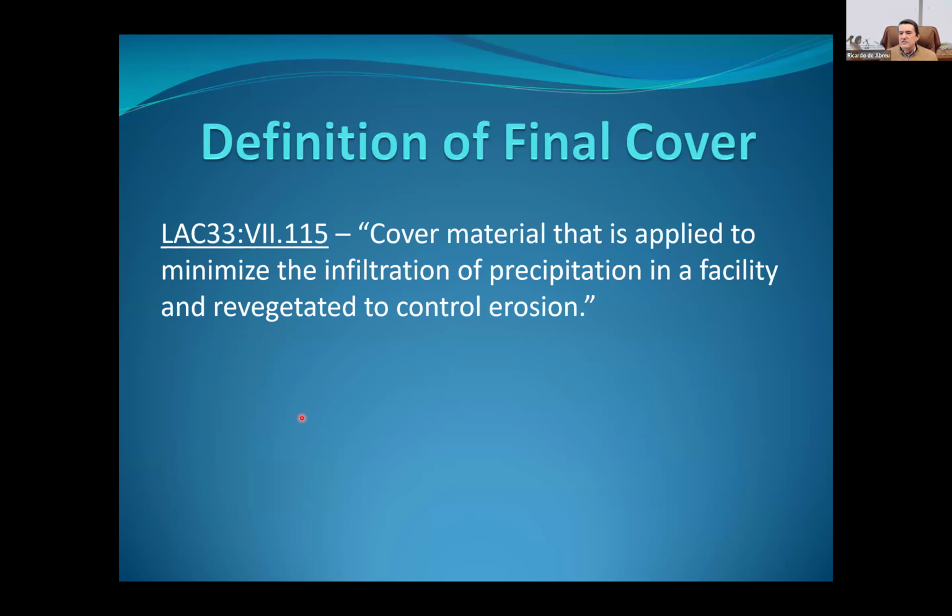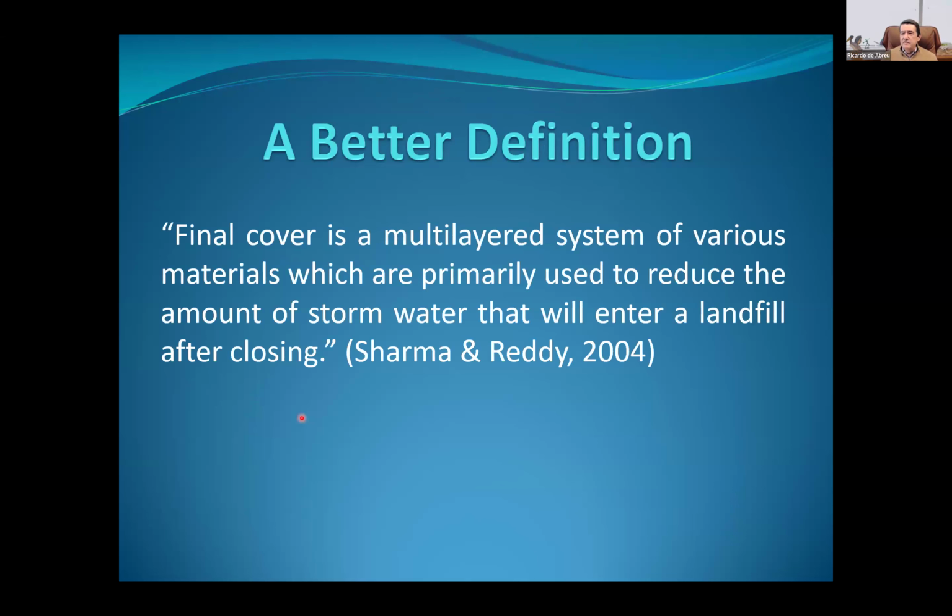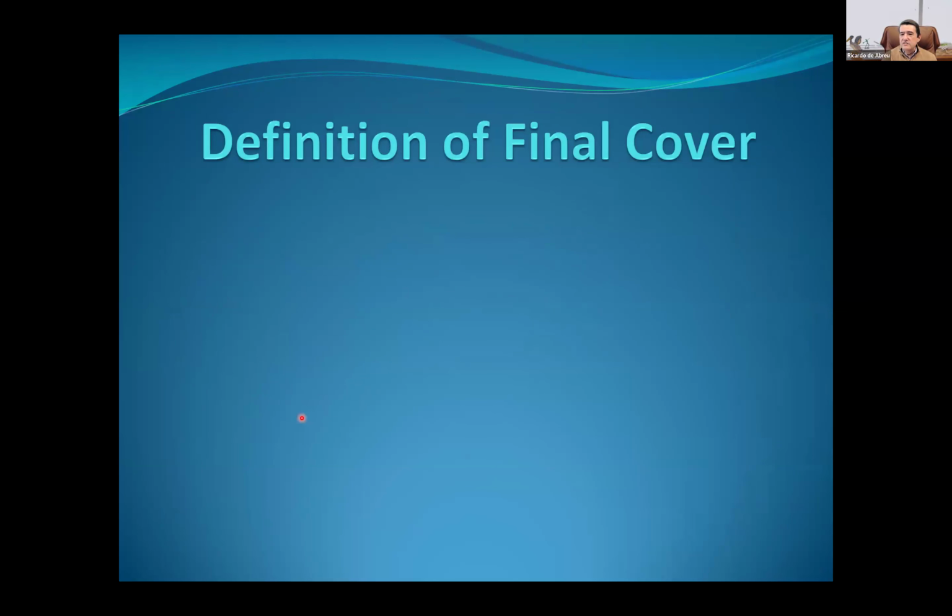There are final covers that you don't need to revegetate, but that's the definition in our rules here in Louisiana. Now, we have a better definition by Dr. Sharma and Professor Reddy. Final cover is a multi-layer system of various materials which are primarily used to reduce the amount of stormwater that will enter the landfill after closure. Very straightforward, very easy, and very comprehensive as well. That's a much better definition that I use now.